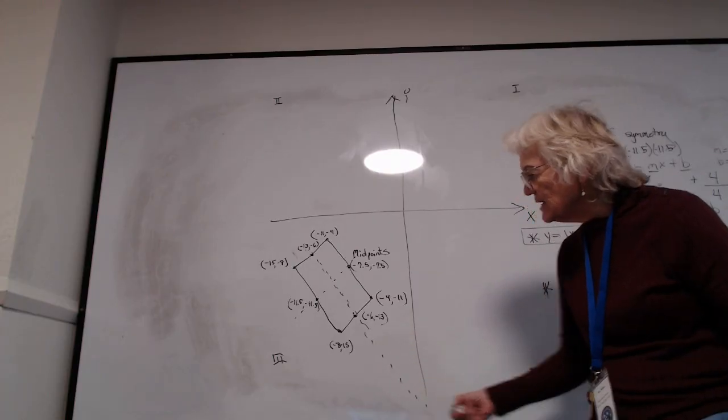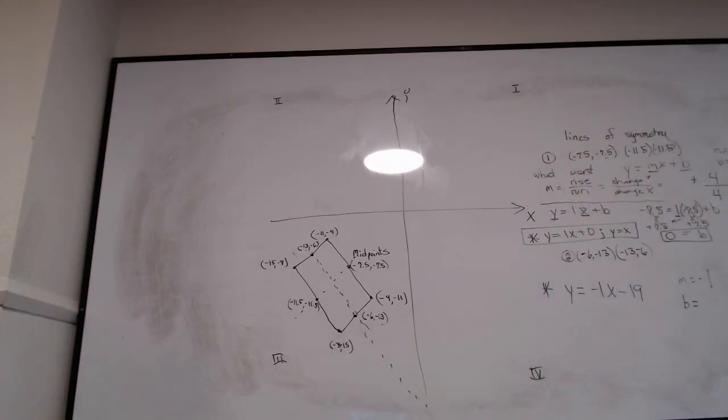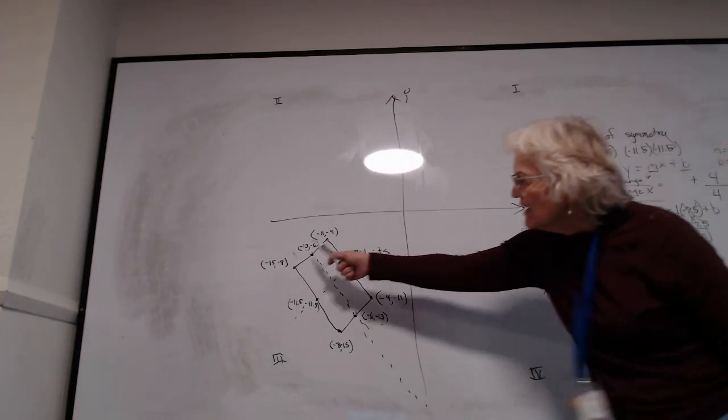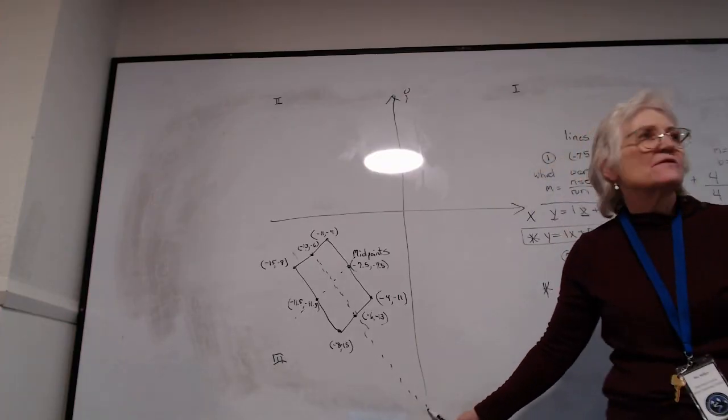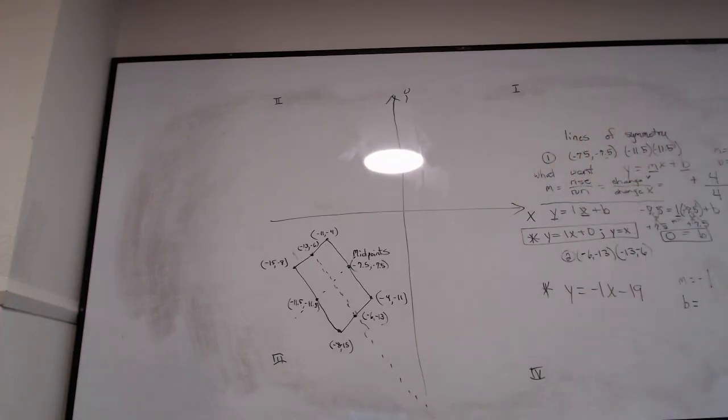Your picture is coming down there. -19 pretty much makes sense. If I continued my line down, it would cross at -19. So look at your picture and make sure it makes sense. The y-intercept is where it crosses the y-axis, so b equals -19 makes sense.